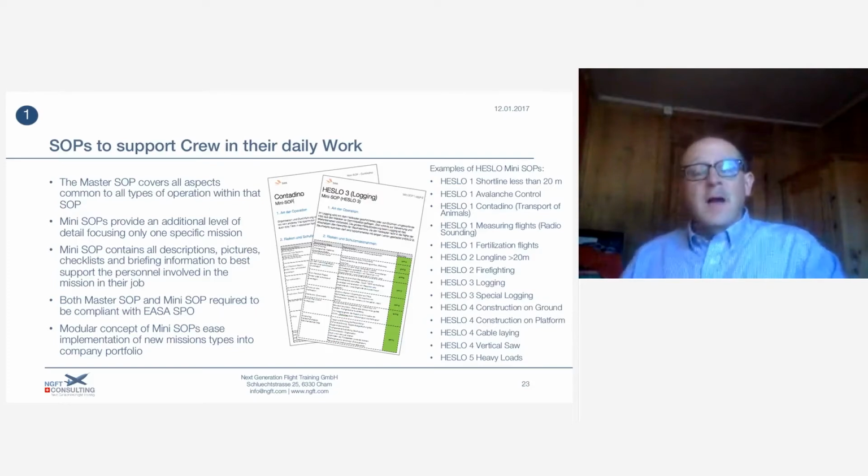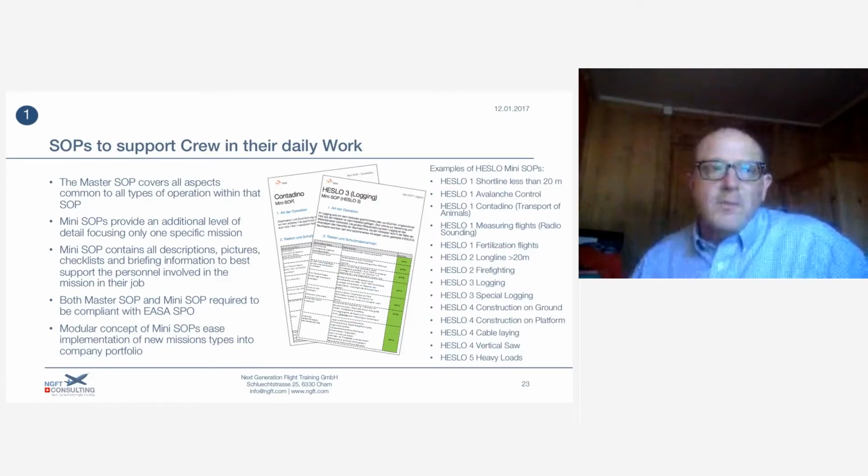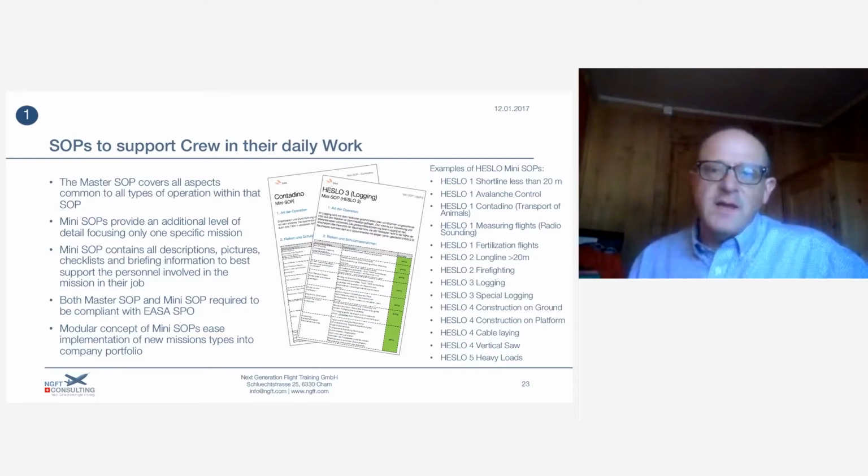Okay. Now, SOPs, that's your operational procedure where you detail. It should be there for your crew to use in the daily work. So checklists are good. Reminders, just heads up, stuff like that.